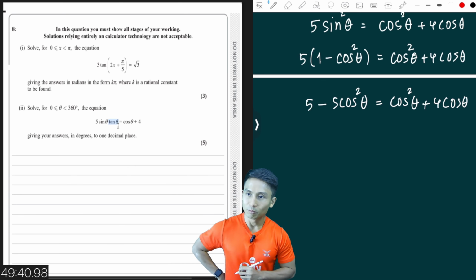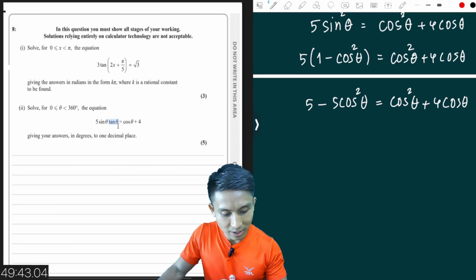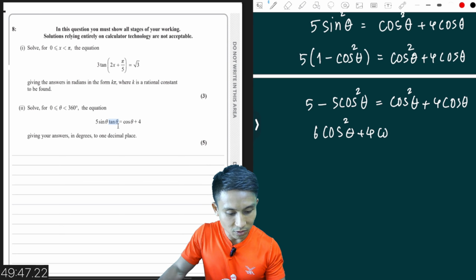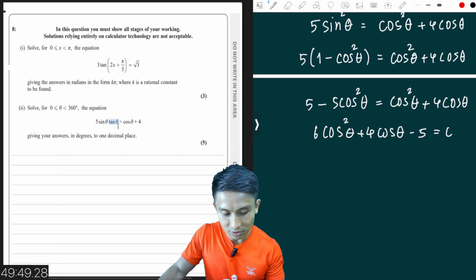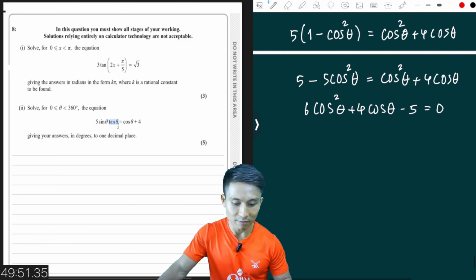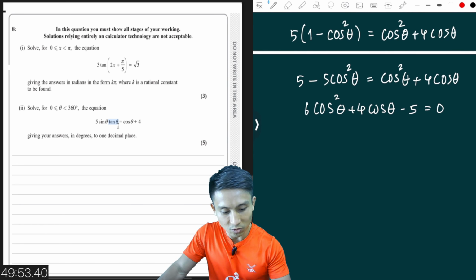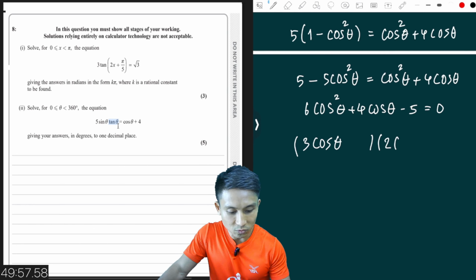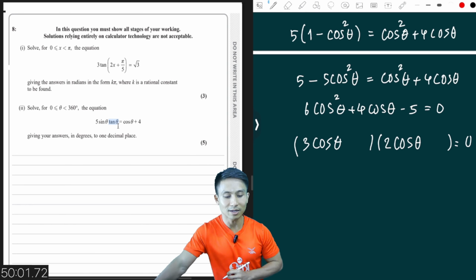Moving everything to the same side, maybe the right hand side, I have 6 cos squared theta plus 4 cos theta minus 5 equals 0. I would like to try factorizing it first, so I'm going to go with 3 cos theta here and 2 cos theta, because those multiply to 6 cos squared theta.